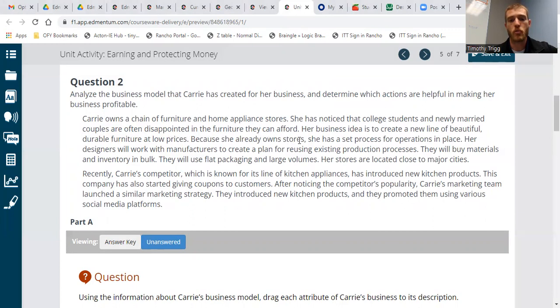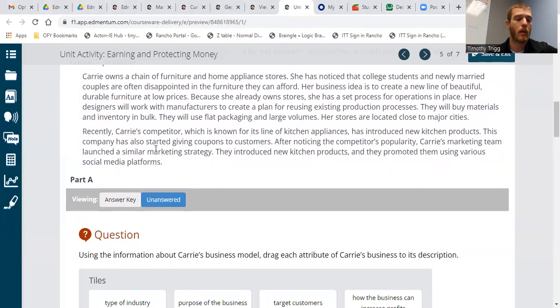Because she already owns stores, she has a process for operations in place. Her designers will work with manufacturers to create a plan for reusing existing production processes. They will buy materials and inventory in bulk, and use flat packaging and large volumes. Her stores are located close to the major cities.